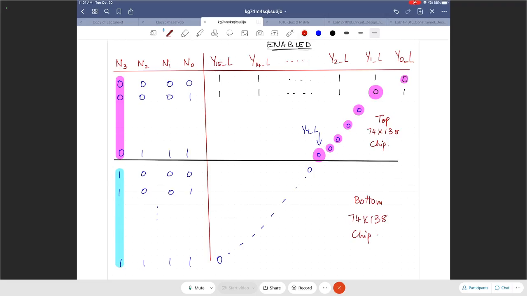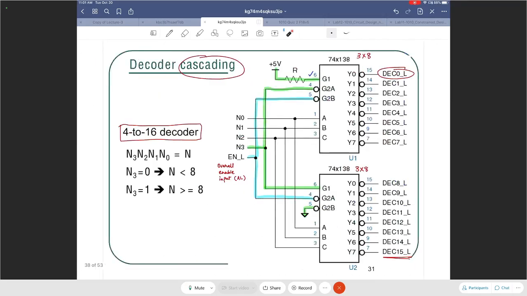So we are essentially using, as Jeff pointed out, N3 as something that controls which chip is enabled. Now, if this is what we desire, let us see if that is what we are doing here. You see, N3, when it is 0, this guy is enabled. And when it is 1, this guy is enabled, the bottom one, right?